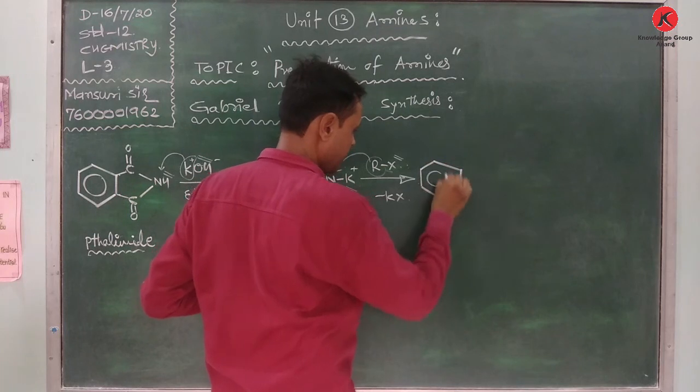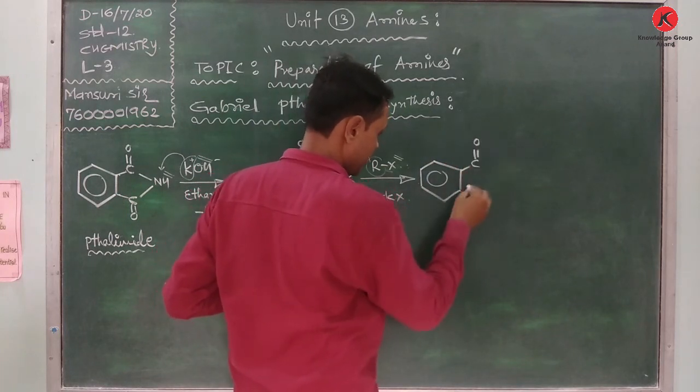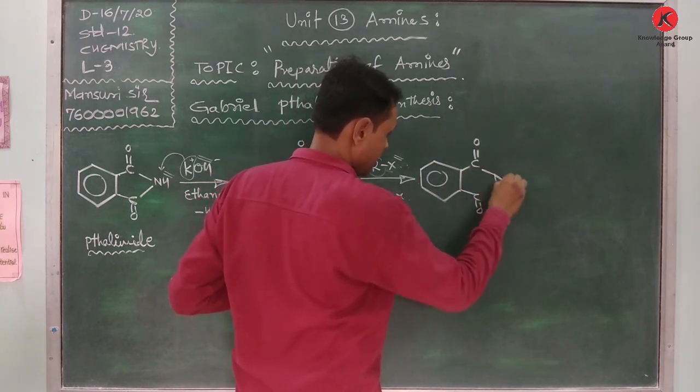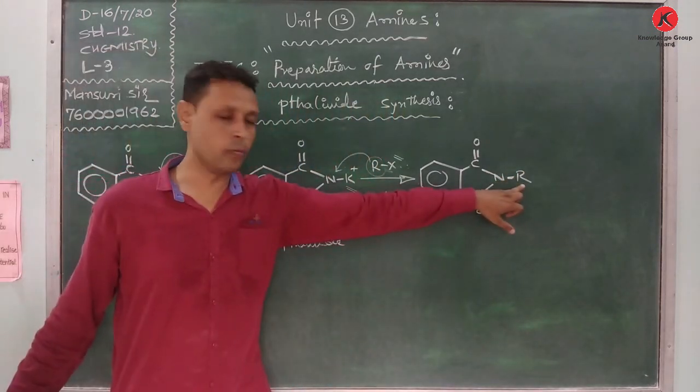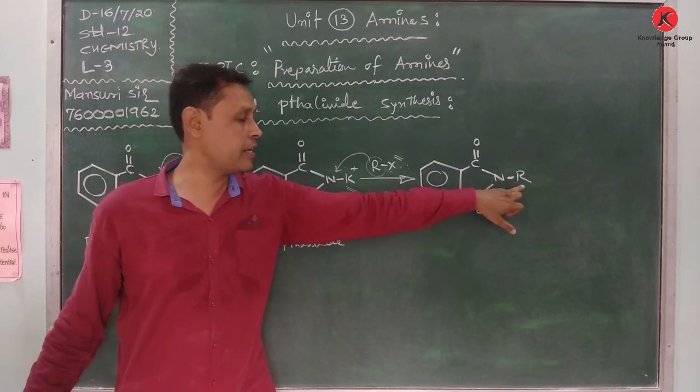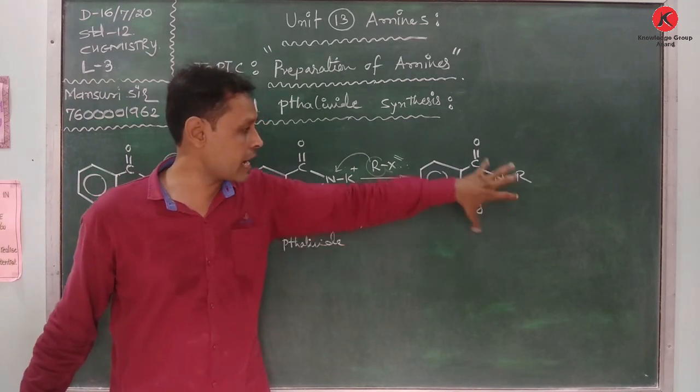So we can obtain this, the alkyl group attached with nitrogen. That means the name will be N-alkyl phthalimide.